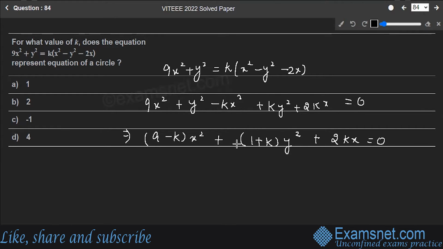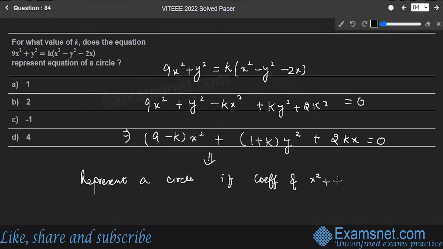This equation represents a circle if the coefficients of x square and y square are equal.